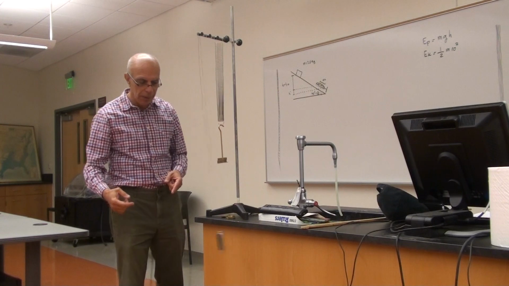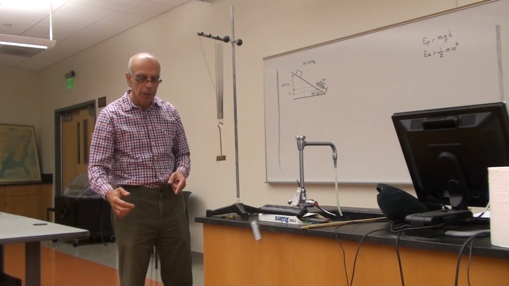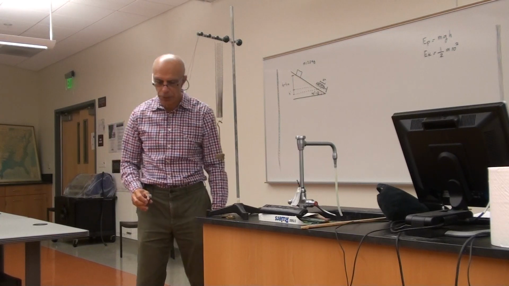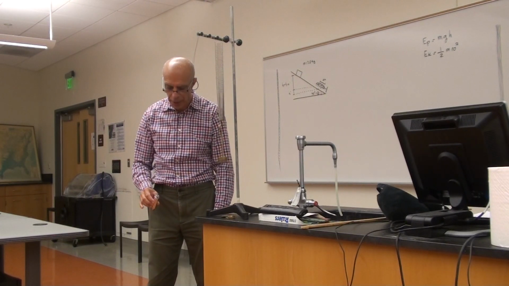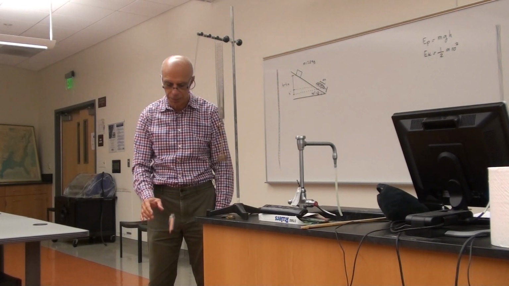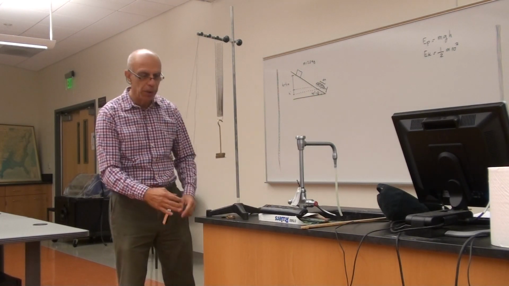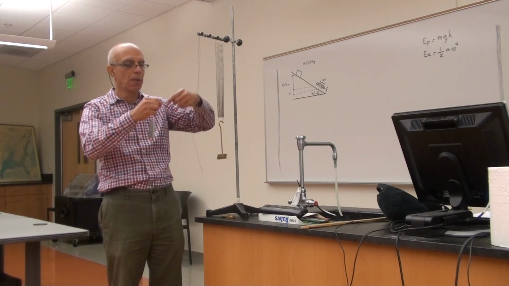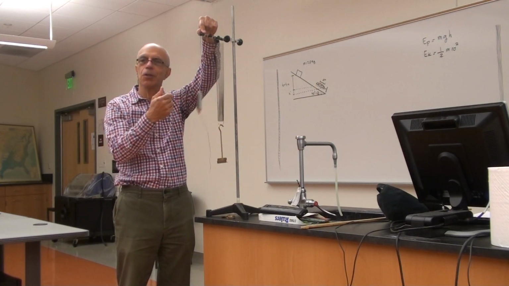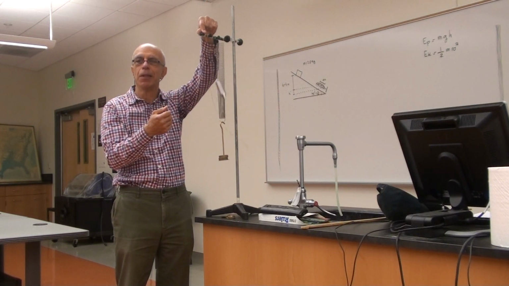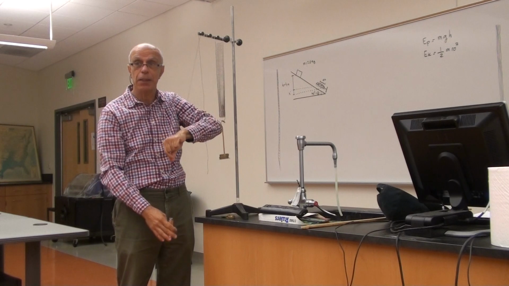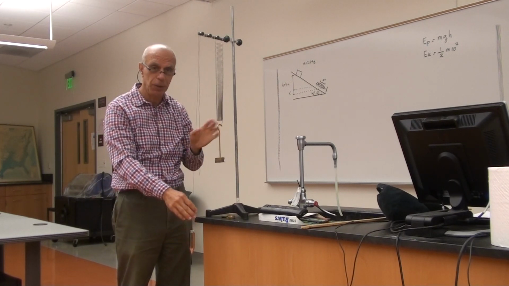Now, the period here is not going to depend on the mass. It's also not going to depend on where I let this go, okay? If it's here, it's going to be the same. The period here is going to depend on the length. You see that it's going much faster here, right? So this is something we're going to study next class, the periods of these different things.